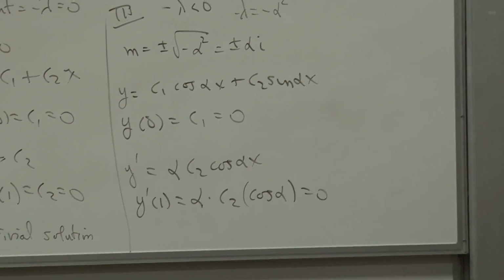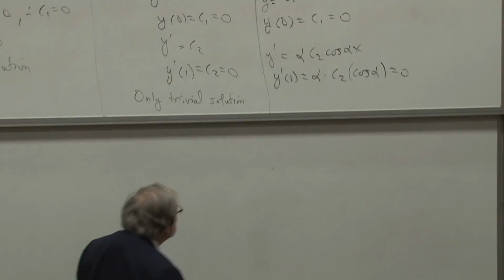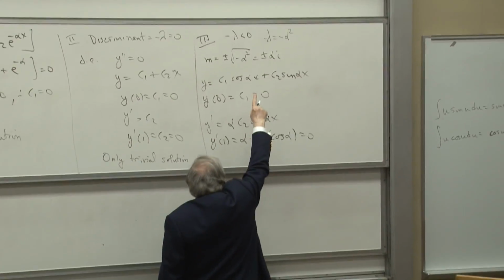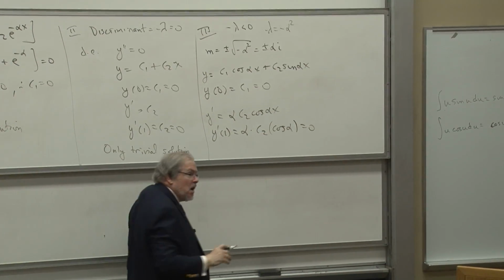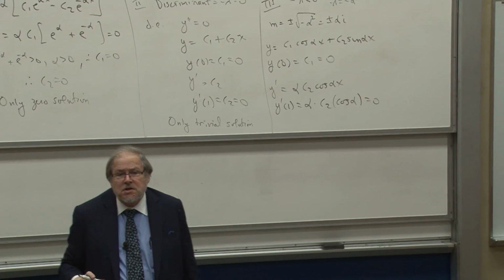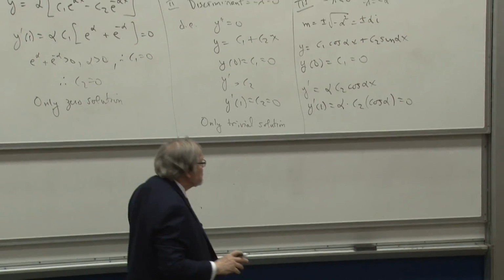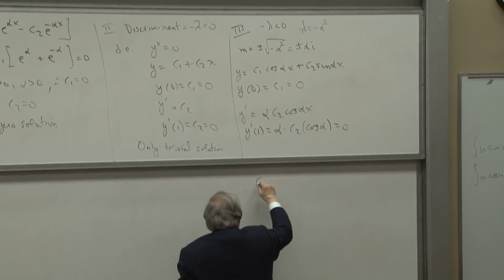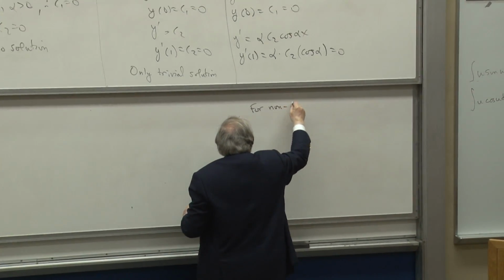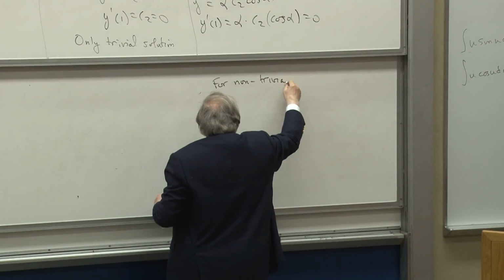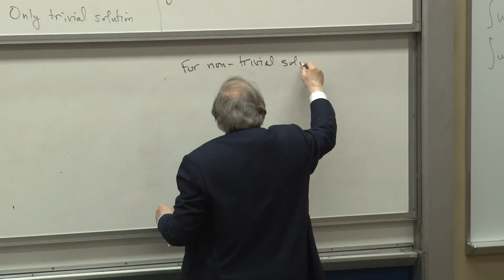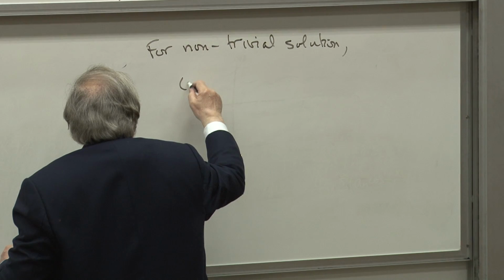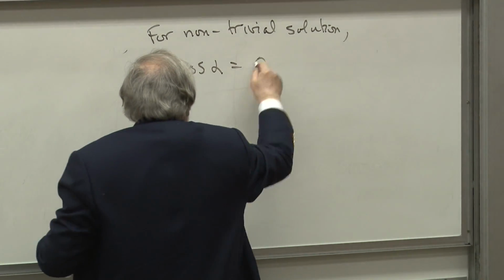So for that product to be 0, alpha is not 0 by hypothesis. The objective is to find solutions with C2 not being 0. And so for a non-trivial solution, cosine of alpha must be 0.